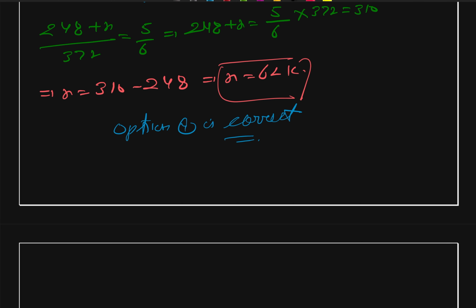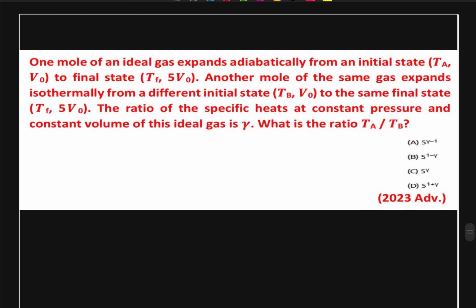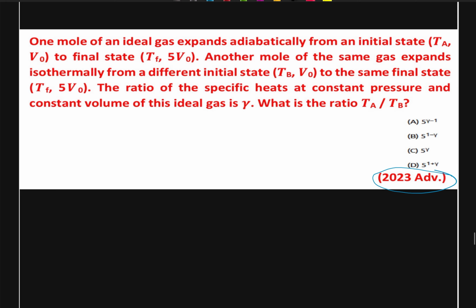Next question. So this question, the previous ones were all from the mains, and from now we start the advanced ones. We are going to solve a total of 4 advanced questions. It states that 1 mole of ideal gas expands adiabatically from an initial state of Ta, V0 to a final state of Tf, 5V0.